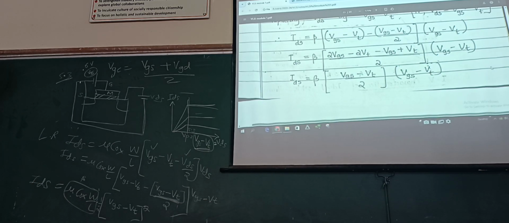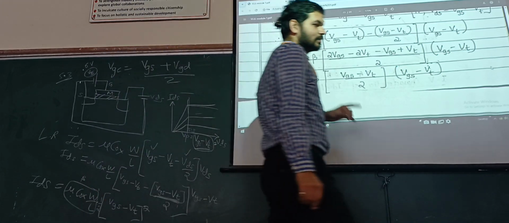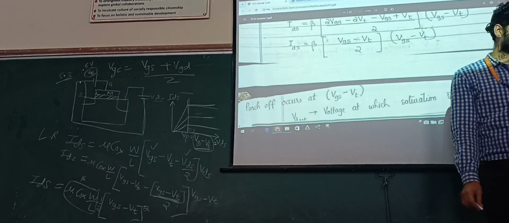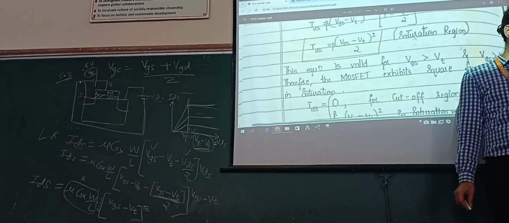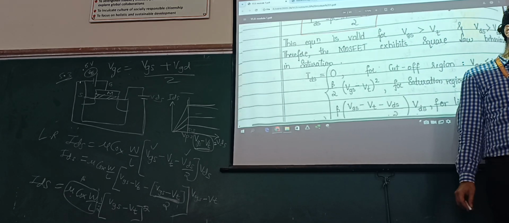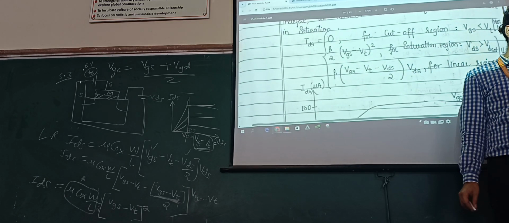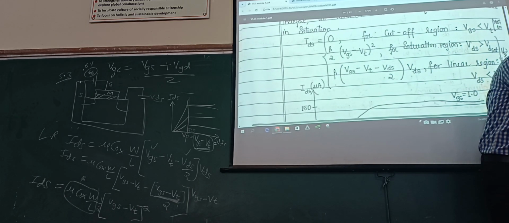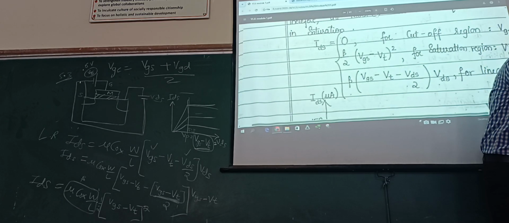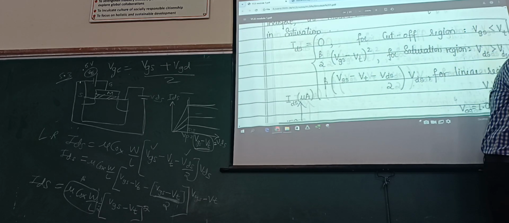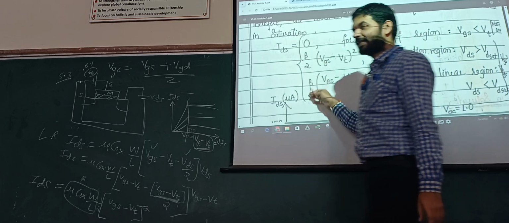So the equation is, with this beta, this is the expression. These are the 3 expressions.